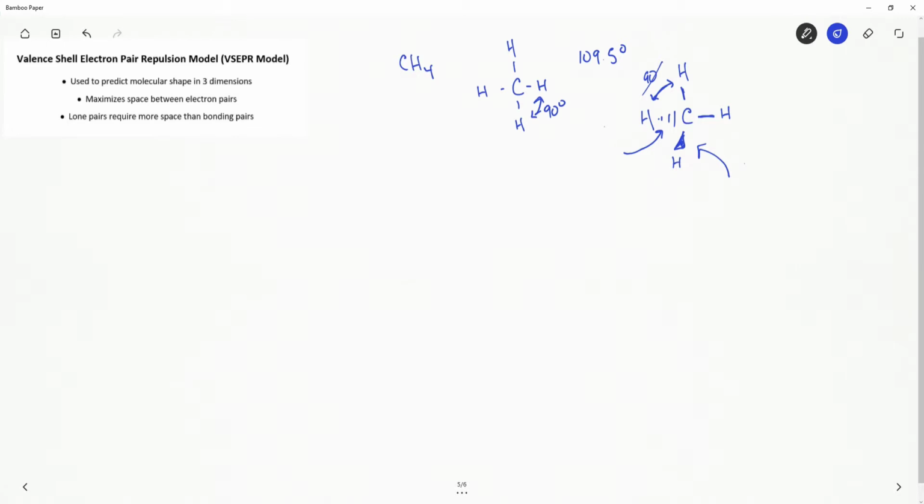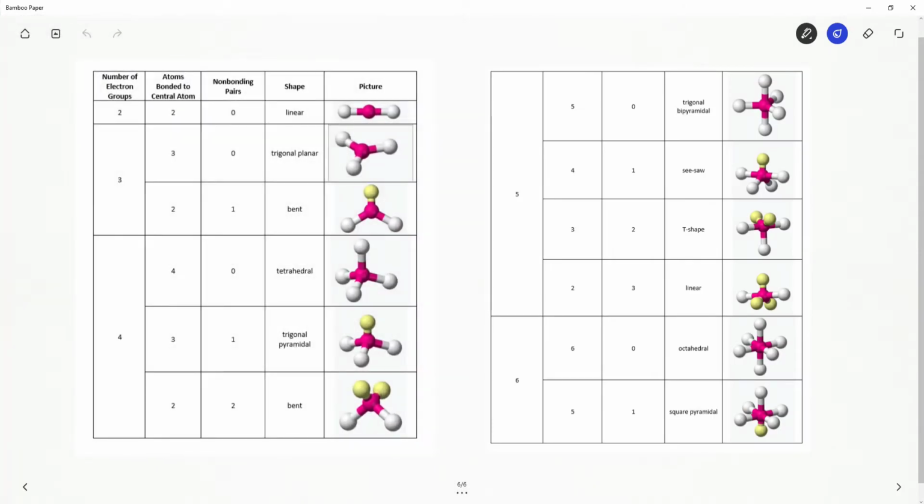Now, it is not practical to have a 3D model for every molecule, although we will see some more 3D models in this video. So we use a table to help us predict 3D shapes, and we use drawings to help us visualize those shapes on 2D paper. On this page here is my table based on the VSEPR model.